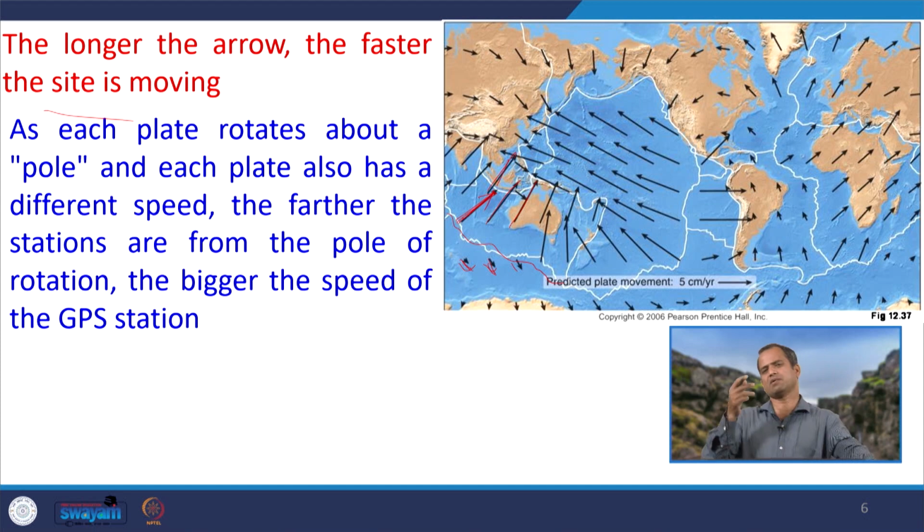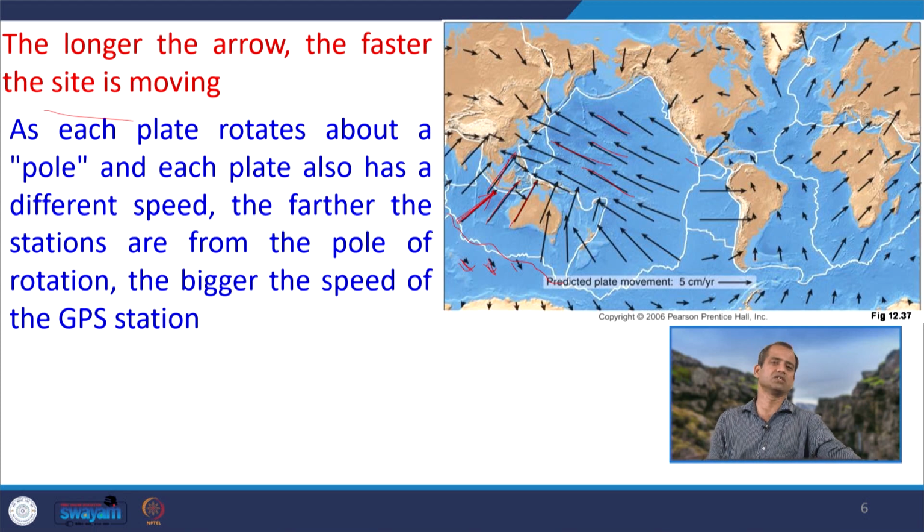And if you remember when we were talking about Euler's pole of rotation and its application in plate movement, we found that near the pole the movement is minimum and at the Euler's equator the movement is maximum. So, a long arrow indicates that it is the region of the Euler's equator for that particular plate.